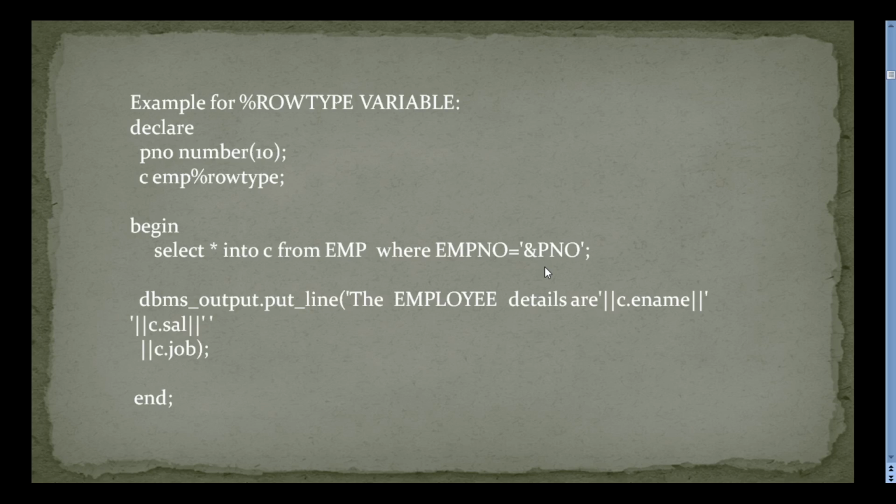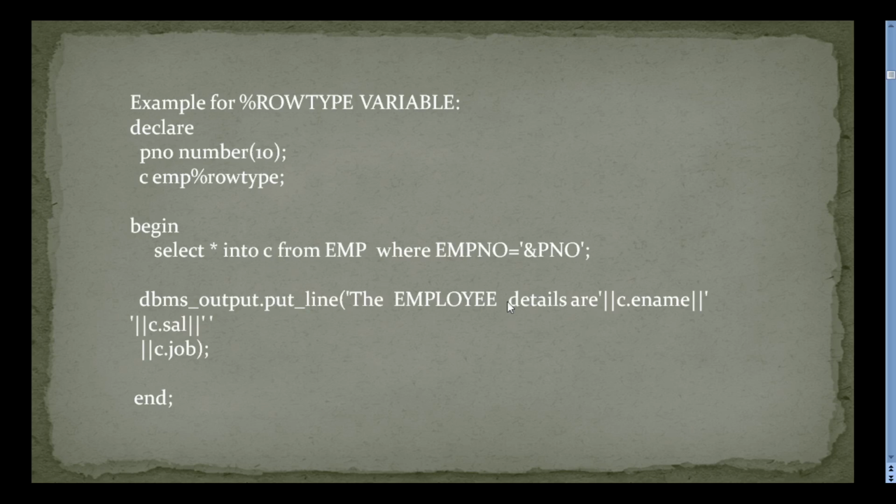So at runtime, whatever employee number you enter, those record details are fetched into the record type variable. Next, DBMS_OUTPUT.PUT_LINE, the employee details, with the help of the row type. This row type holds the whole record's column values.